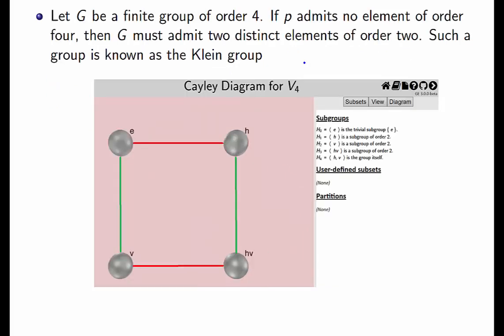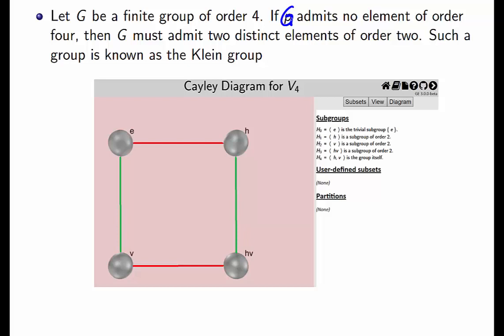Now, let's suppose that G is a finite group of order 4, and suppose that G admits no element of order 4. Then G must admit two distinct elements of order 2, right? That's Lagrange's theorem, essentially, because the order of every element of the group must divide the order of the group.